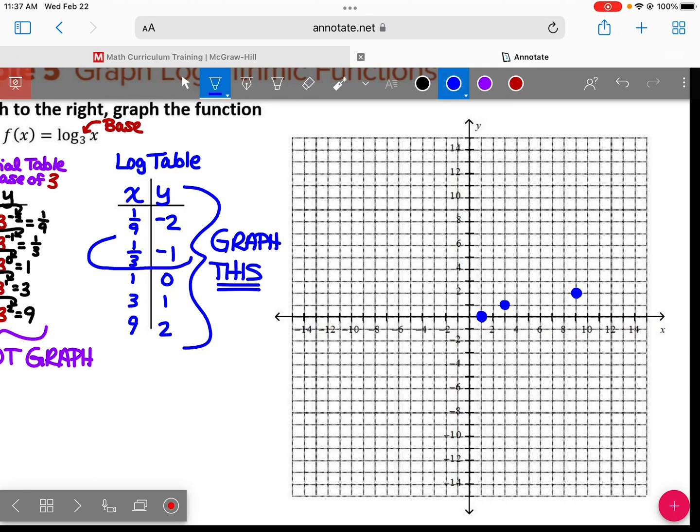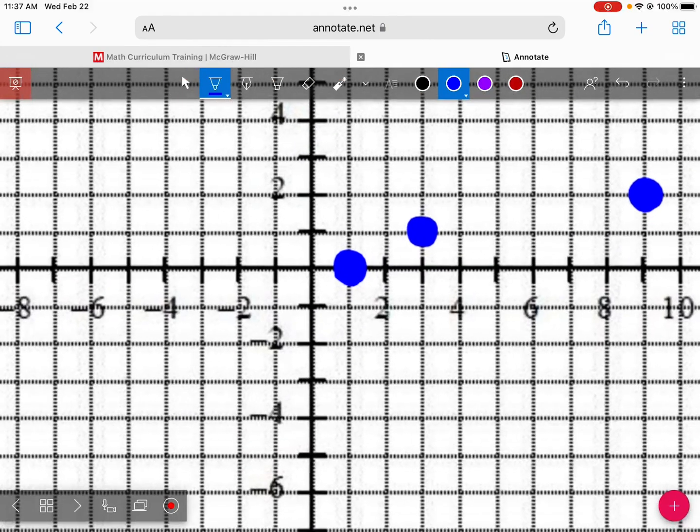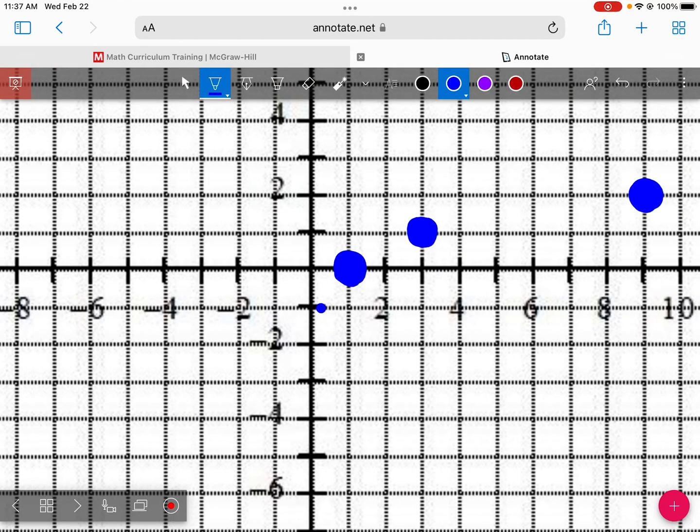Then I'm going to graph this point right here, 1/3 and -1. 1/3 isn't very big, right? Is it positive or negative? So will I graph this to the right or the left side? It's going to be on the right side of the y-axis, but not very far. It's going to hang out real close to the y-axis.